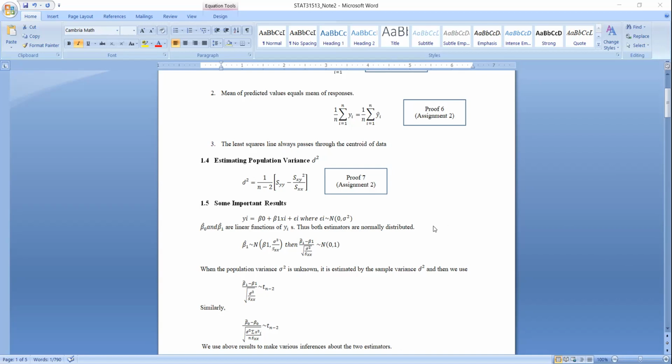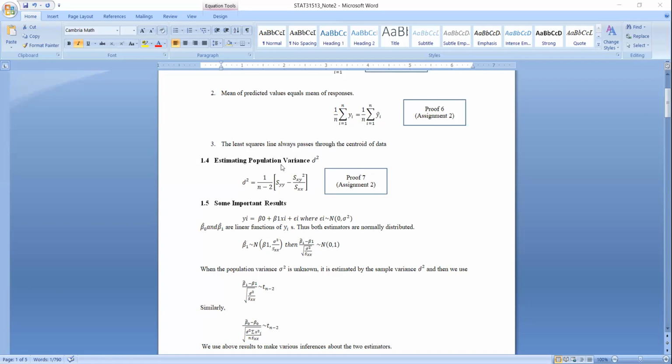Okay, so now when you have one response variable and one independent variable, we know how to fit the simple linear regression model, how to find the slope and how to find the intercept. At the same time, if you want to find an estimate for the population variance of your data set, you can use this equation, right?